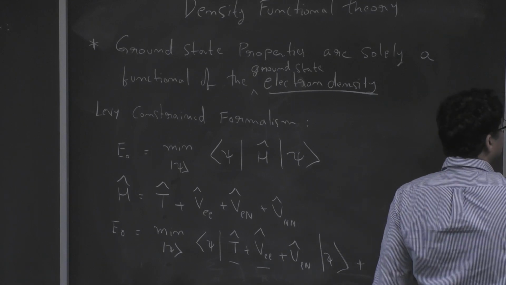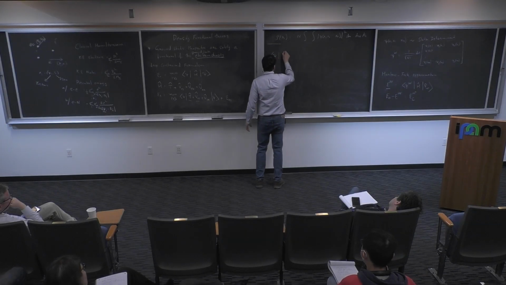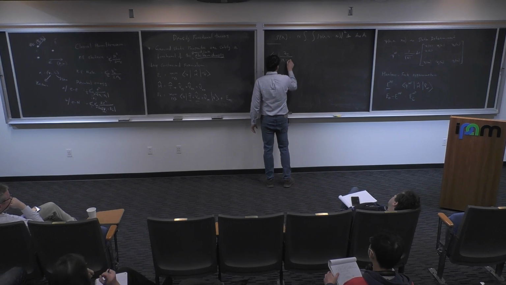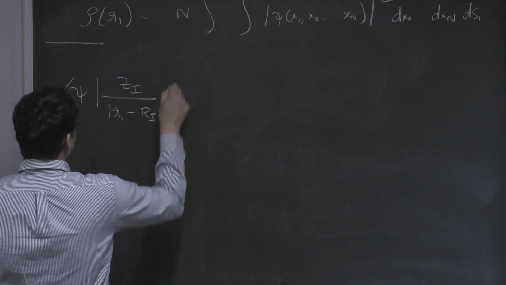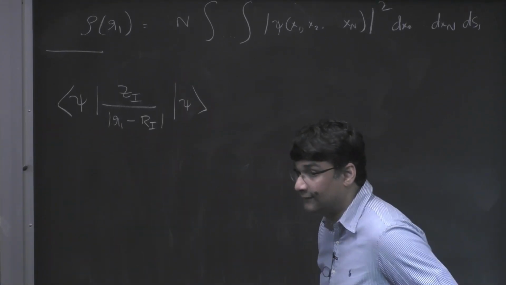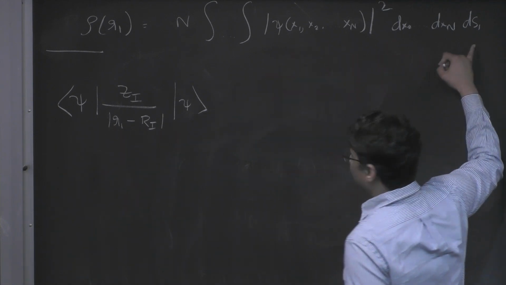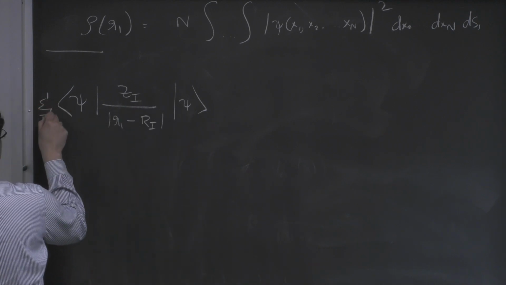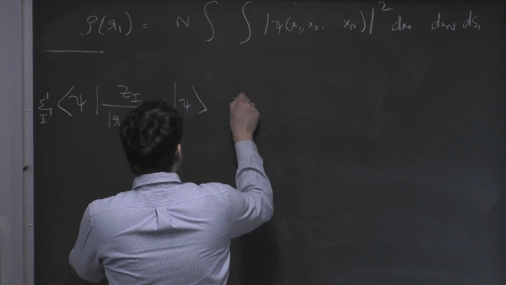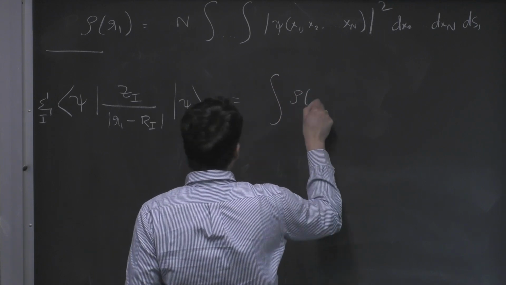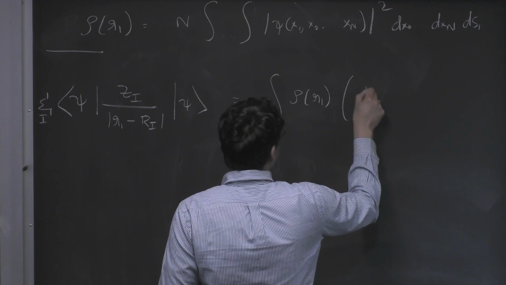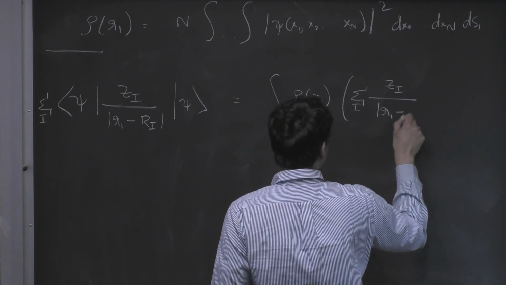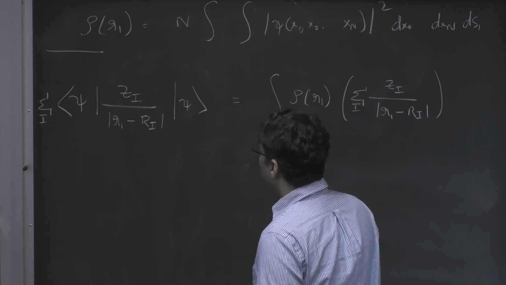So if I just take one term, let me say R1, because this is a function of only one electron, and it has this kind of an integration, this reduces to, and I also have a sum over i, this reduces to essentially the integral of the electron density rho of R1 times the sum over i of Z_i by mod R1 minus R_i.